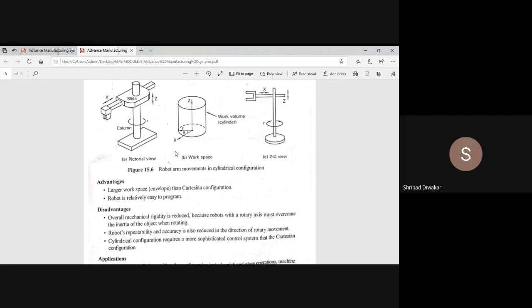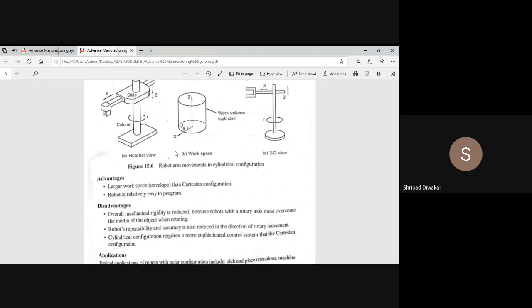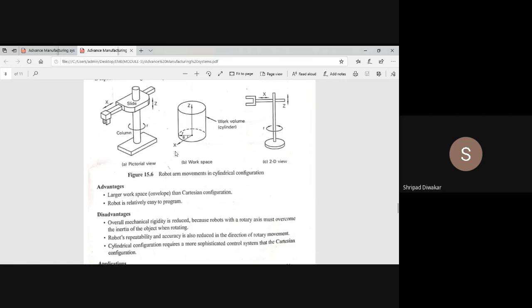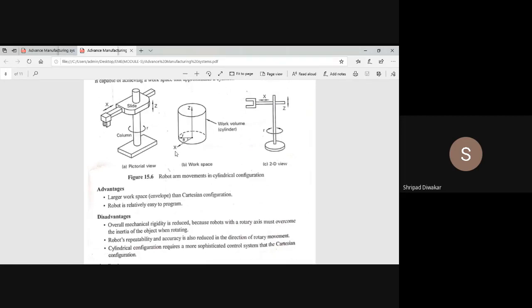Cylindrical configuration robots have low degree of rigidity, because the rigidity is reduced by the inertia force, because the column rotates about its own axis. Okay, and because of this, the accuracy is also reduced, repeatability is also reduced in the direction of rotary movement, but we will get high degree of accuracy and rigidity in case of Cartesian coordinate system because of linear movement. Here, because of the rotary movement, the accuracy is reduced, and then rigidity is also reduced.